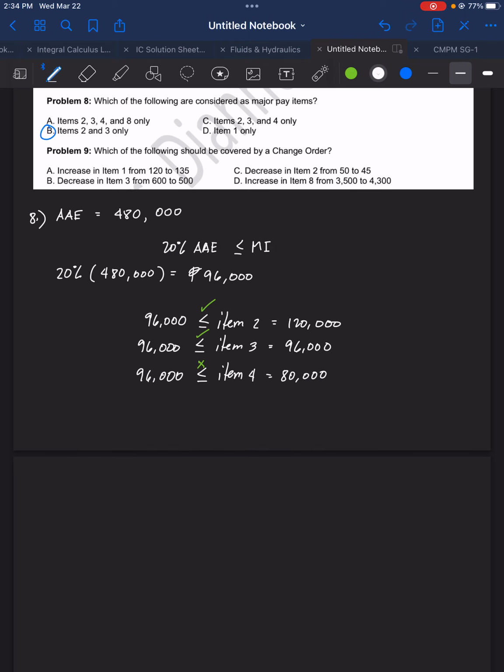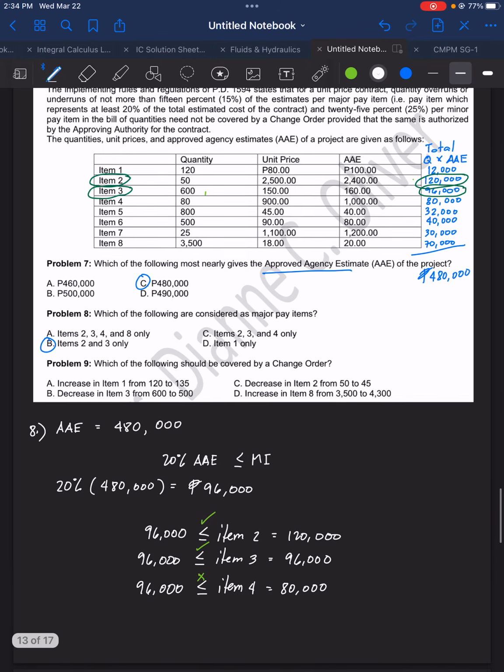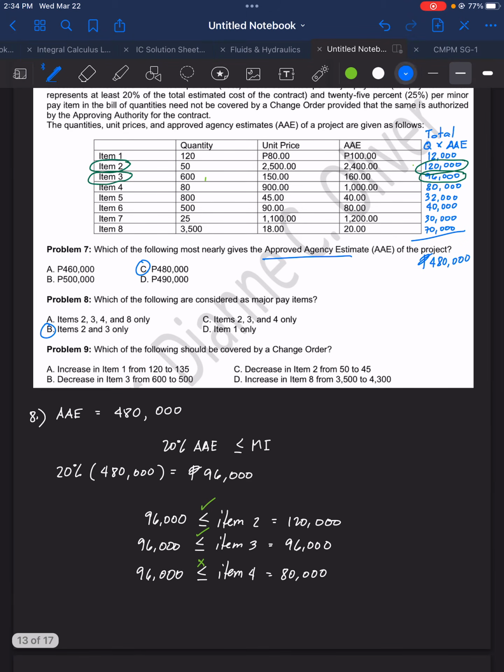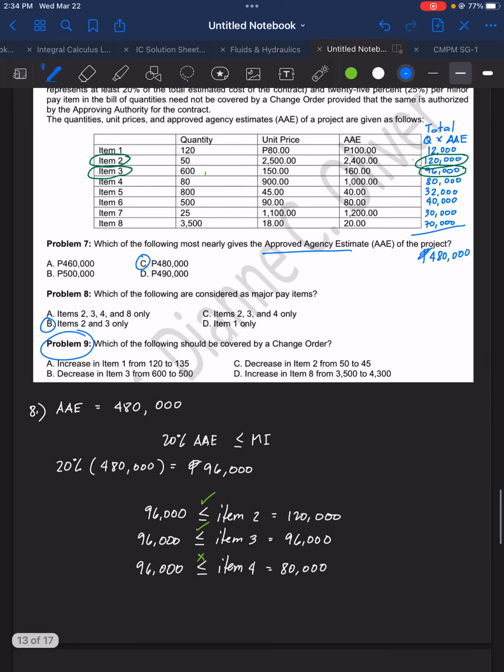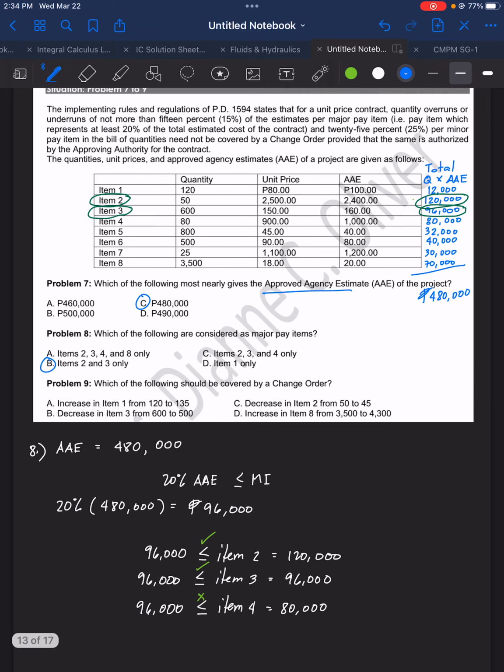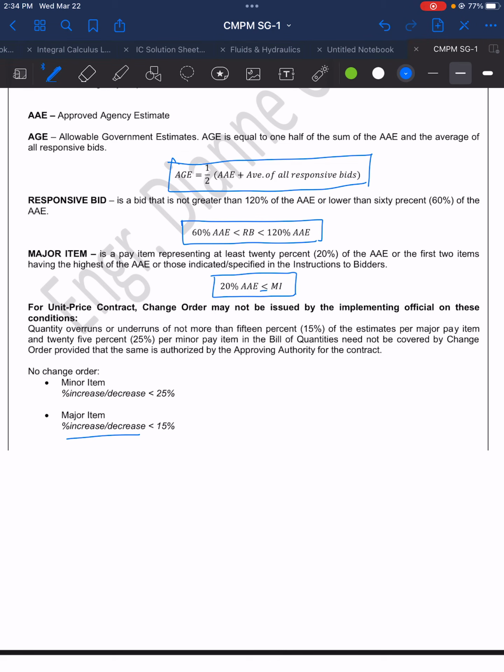For example, in problem number 9, choice A says that in item 1, the quantity of 120 is to be increased to 135. Will you allow that? Is that covered by a change order? There's the definition for the change order in our discussion a while ago.